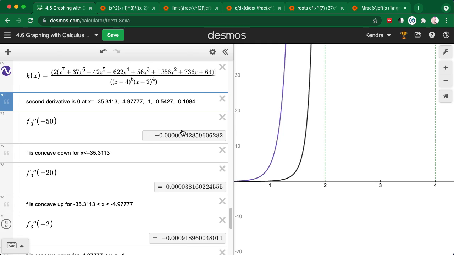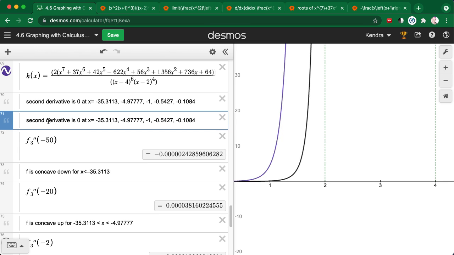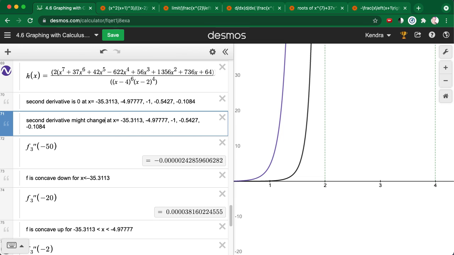So the second derivative might change signs at all of those things, including 2 and 4. Okay, so I need to check between -0.1 and 2, between 2 and 4, and to the right of 4.